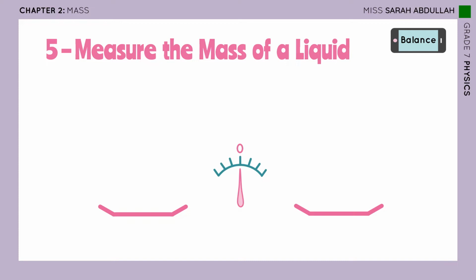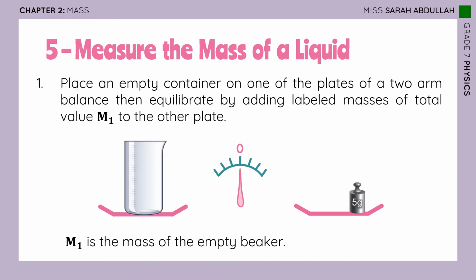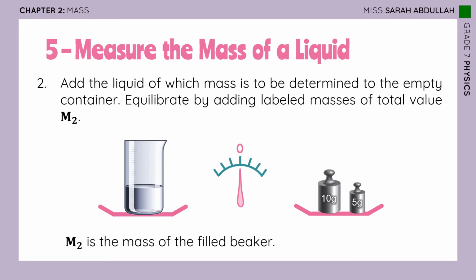Now, in the liquid case, we said we can't just pour liquid on one pan because it will spill and we won't be able to measure its mass. So we need to put the liquid in a container, in a beaker in this case, or any container. First of all, we measure the mass of the container. We put labeled masses on the other pan until equilibrium is reached and we measure the mass of the container. Then we fill this container with the liquid, and we measure the mass of the container and the liquid.